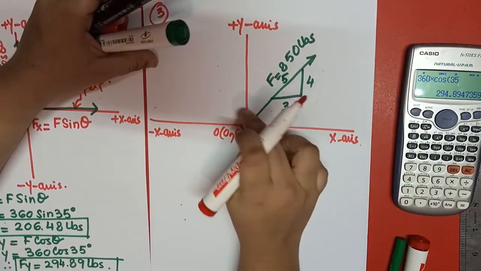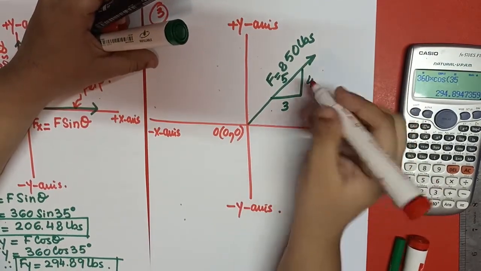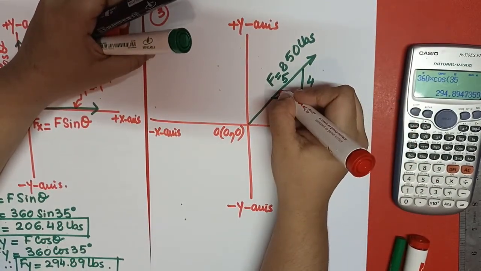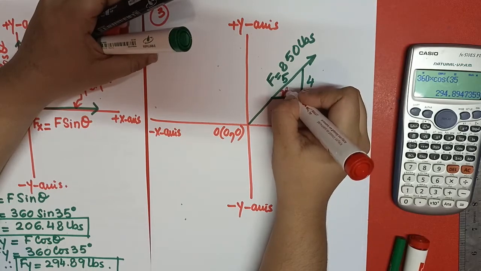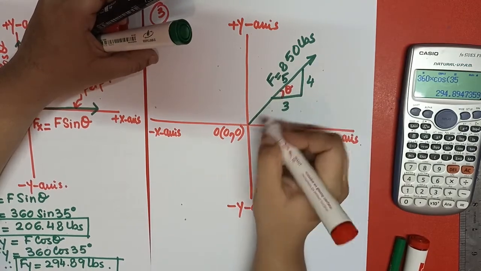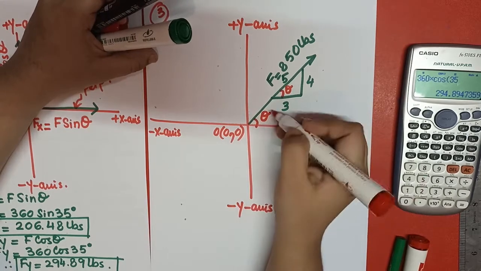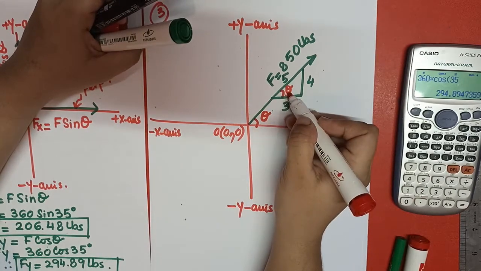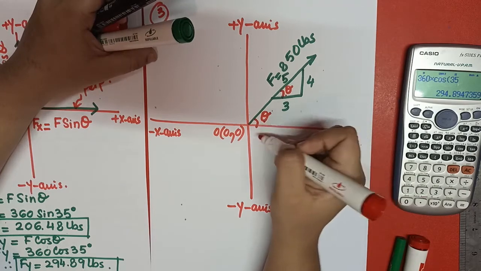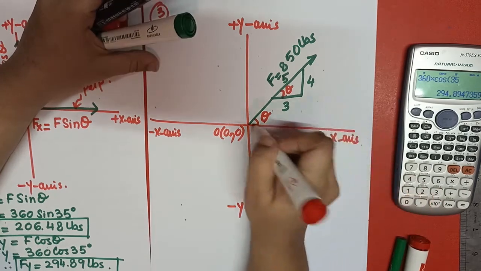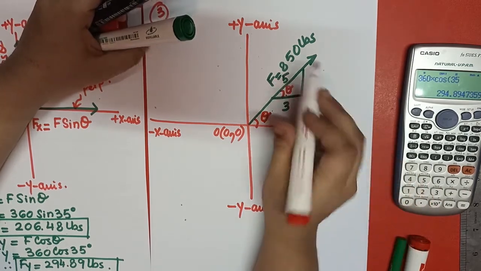We don't know the angle here, so how can we calculate it? I have to find theta from this triangle. If this one is theta, this should also be theta. I have to find this theta first, then I can easily calculate the components of this force.